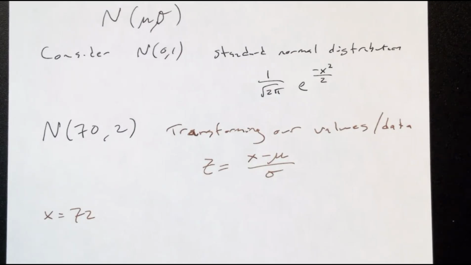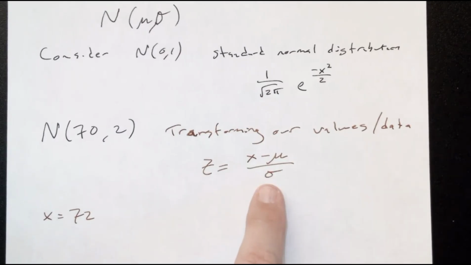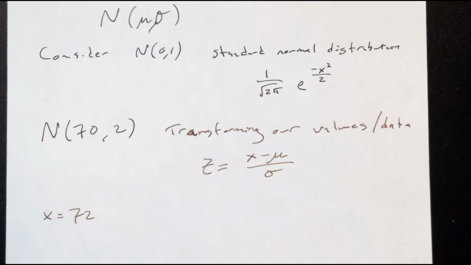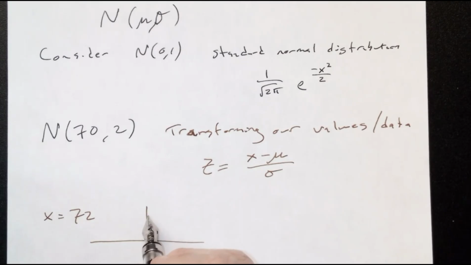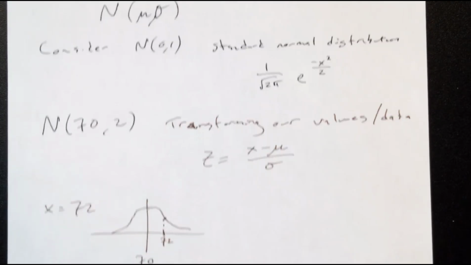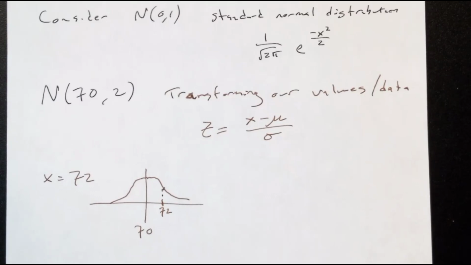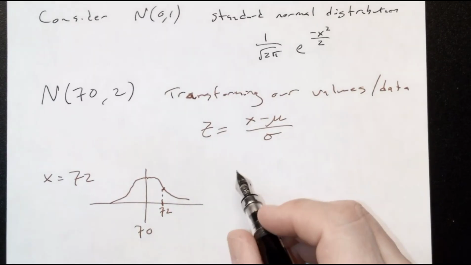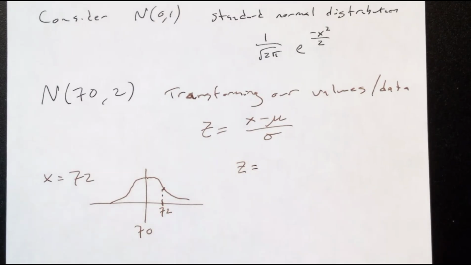It tells me how many standard deviations above the average they are. In the normal distribution at 70, 72 would be one standard deviation over, right? What's the z-score for 72?